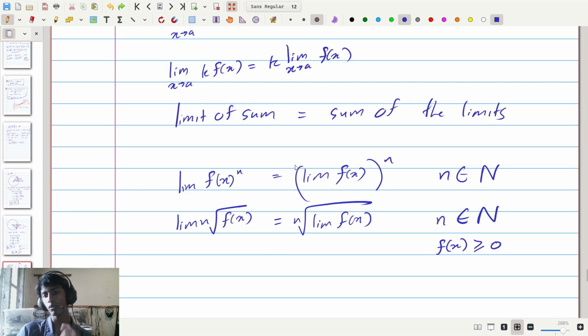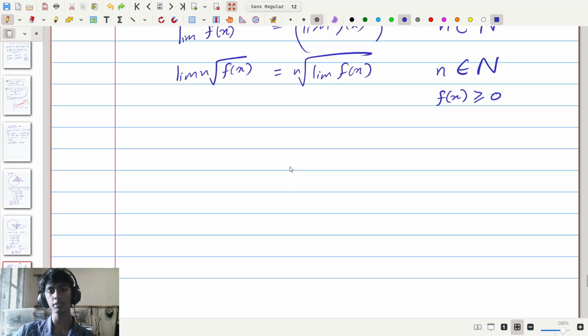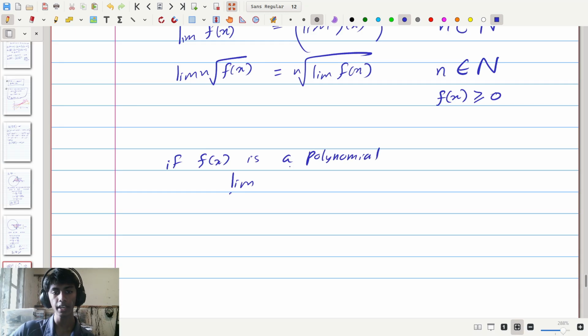And then, using all of these theorems and a bunch of other theorems like the polynomial theorem, where if f(x) is a polynomial, then the limit of the polynomial as x approaches a of f(x) is simply the value you get when you substitute, equal to f(a).